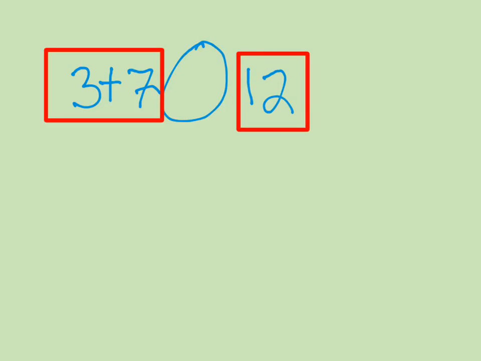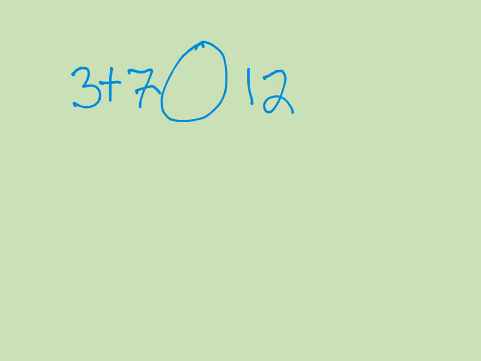On the right side, there are no operations, so I don't need to do anything there. Now we do 3 plus 7, which is 10, and we can compare that to the number 12, and we can say that 10 is less than 12.